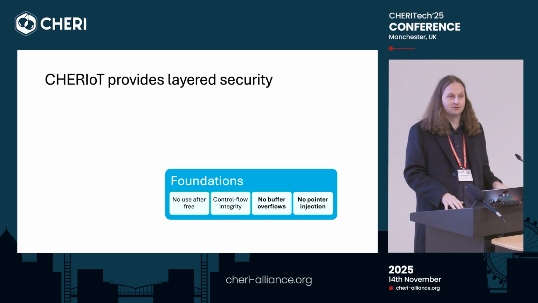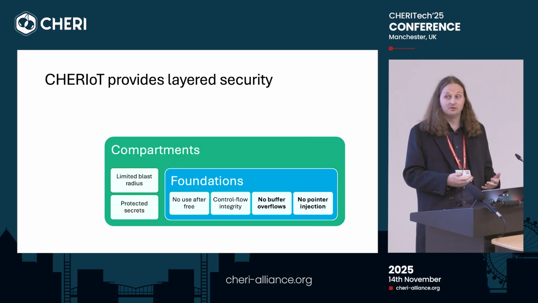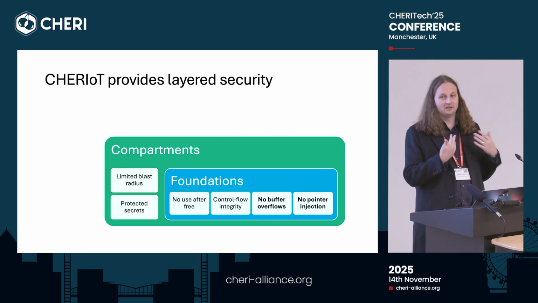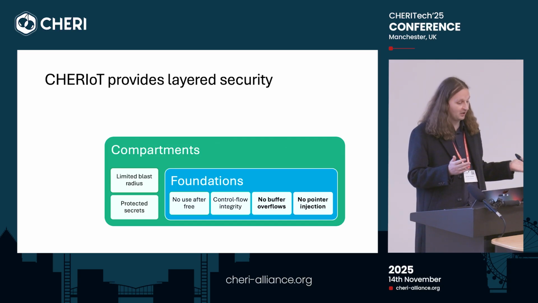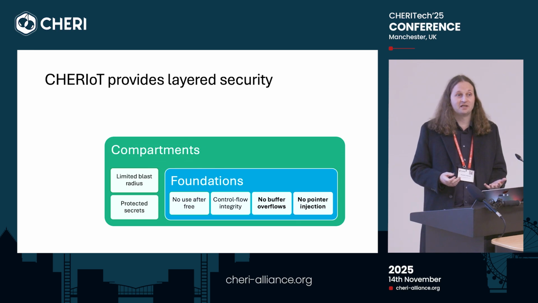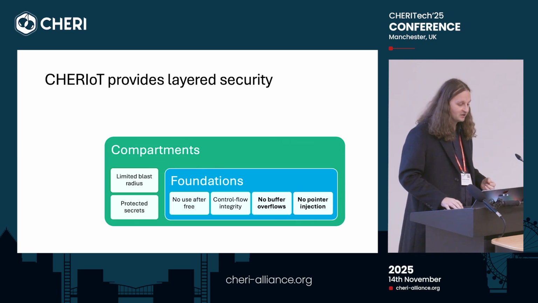We've talked about those a lot. They're not surprising to anyone. And neither really is the fact that we can do compartmentalization, that you can limit the blast radius of vulnerabilities or just logic bugs, and that you can protect secrets in safe boxes.